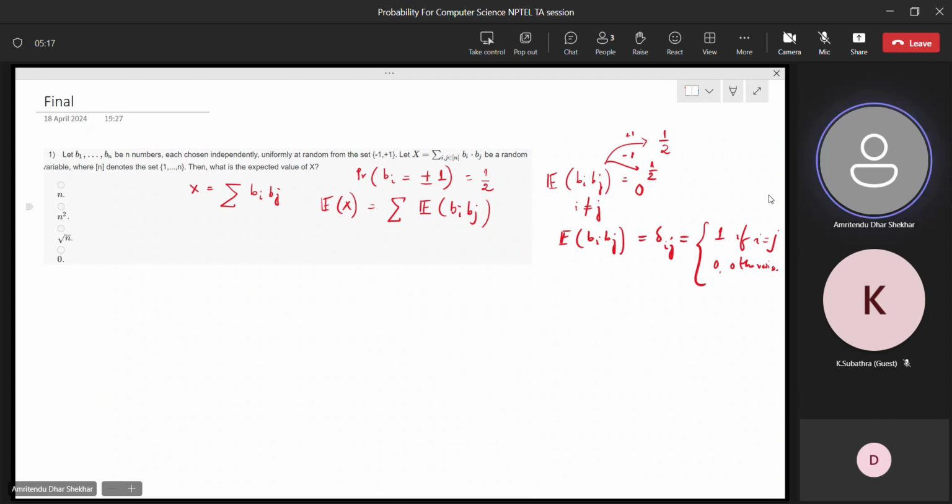So the expectation of x is equal to the sum over i, j of delta ij. That's equal to n. Is it clear? Yes, sir.